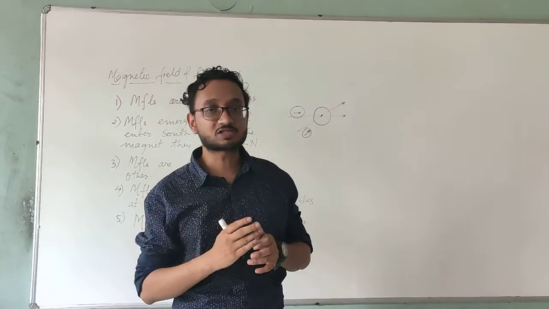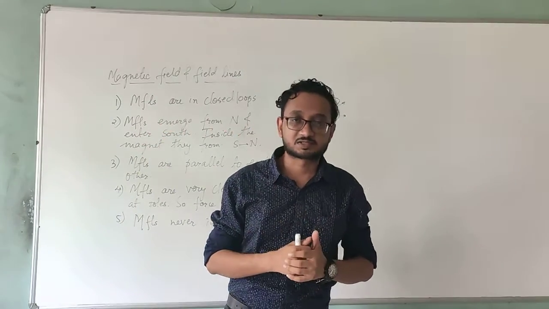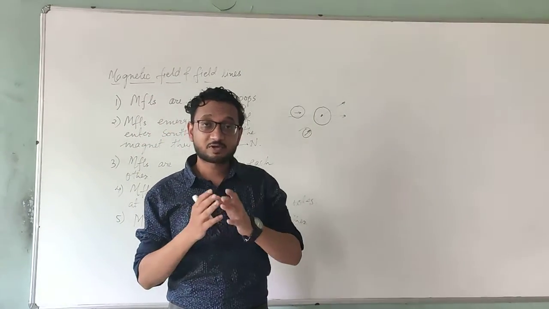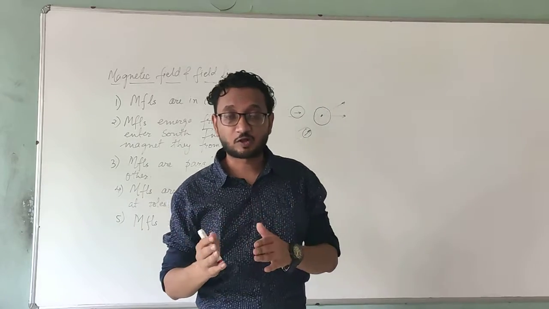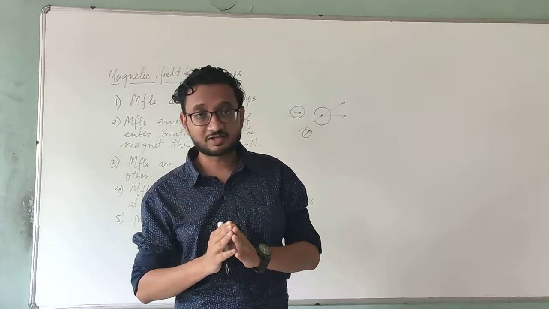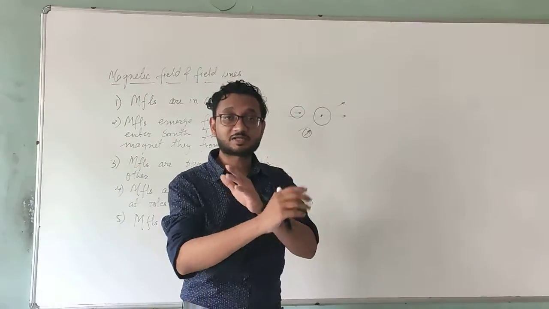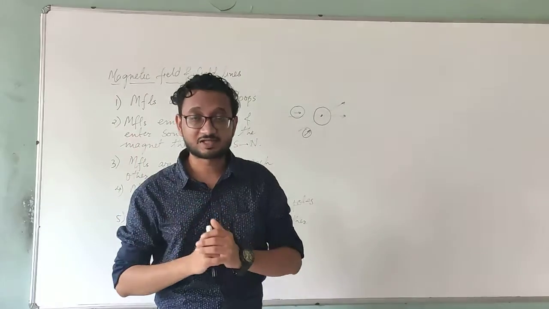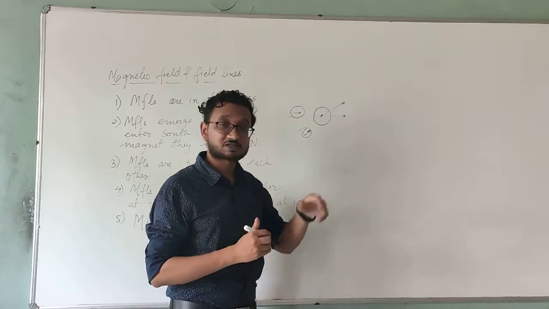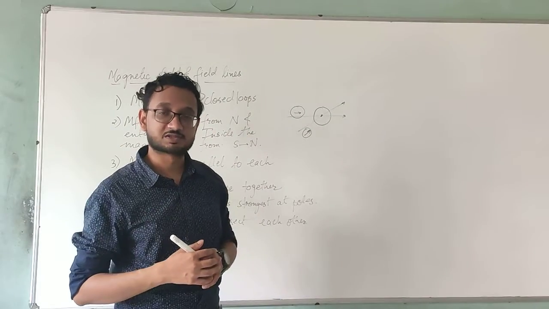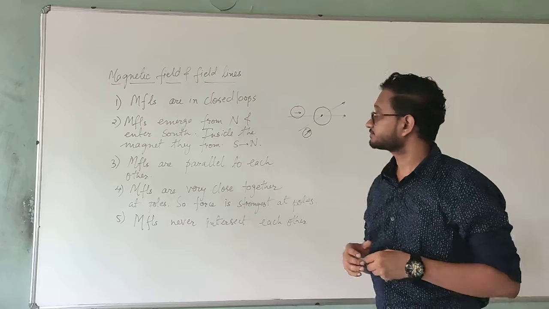So it is impossible for this compass needle to point in two different directions, because the force is happening in one direction, and therefore the field lines are not going to intersect each other. They are moving forward in the same direction. But if they do intersect, then it is not possible for this compass needle to point in two different directions, and hence the magnetic field lines never intersect each other.